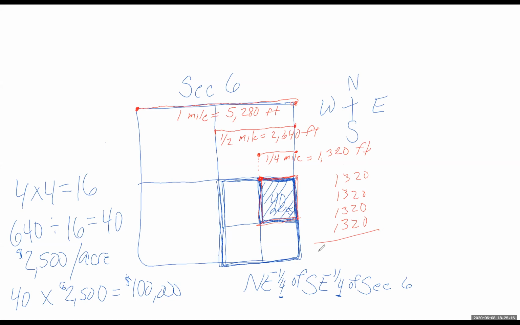But the whole point is that if you were going to put a fence from here to here to here to here, that's called linear. You see how I'm making these red lines? That's called linear. A fence around here would have to be what? 2, 4, 6, 8... 3, 6, 9, 12.